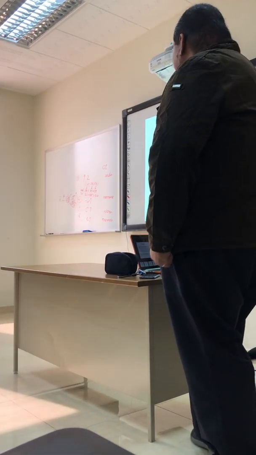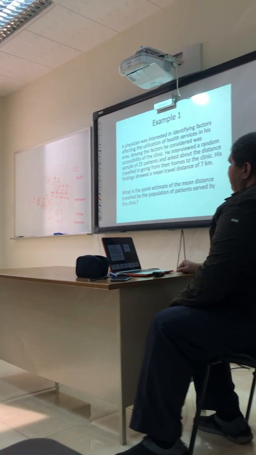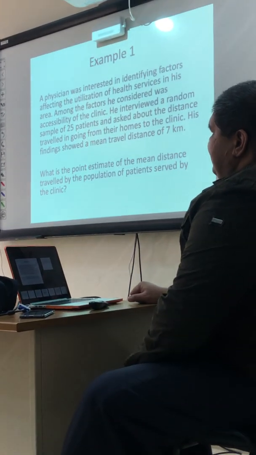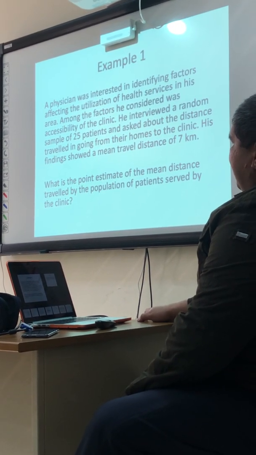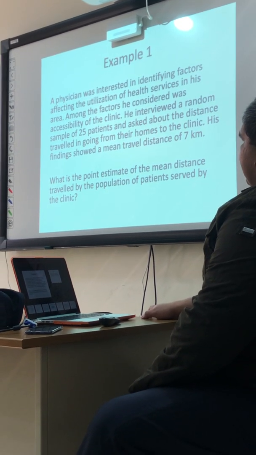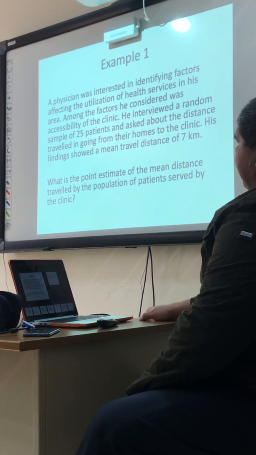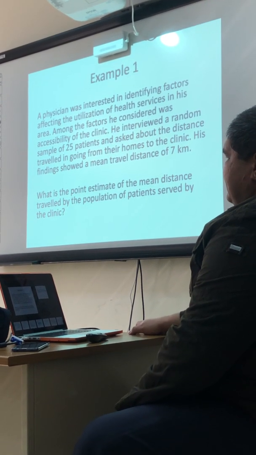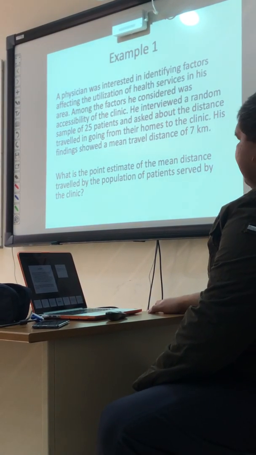The physician was interested in identifying factors affecting the utilization of health services in his area. Among the factors he considered was accessibility of the clinic. He interviewed a random sample of 25, okay? And asked about the distance traveled in going from their homes to the clinic.